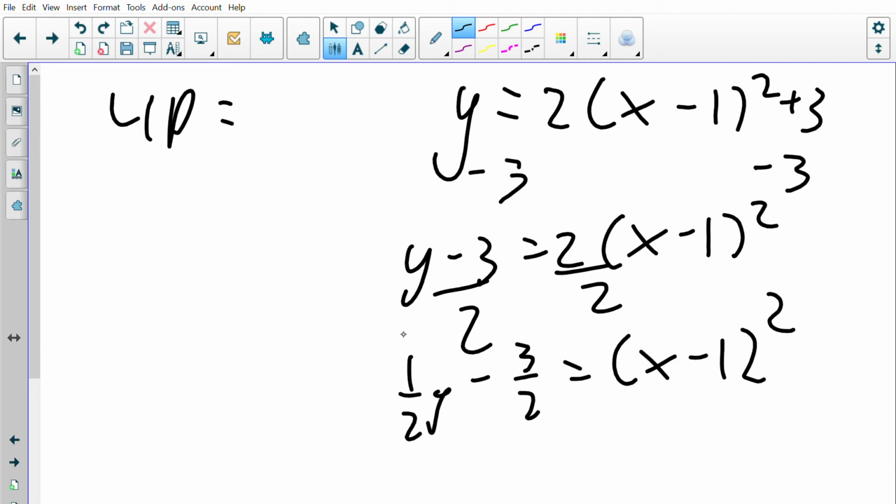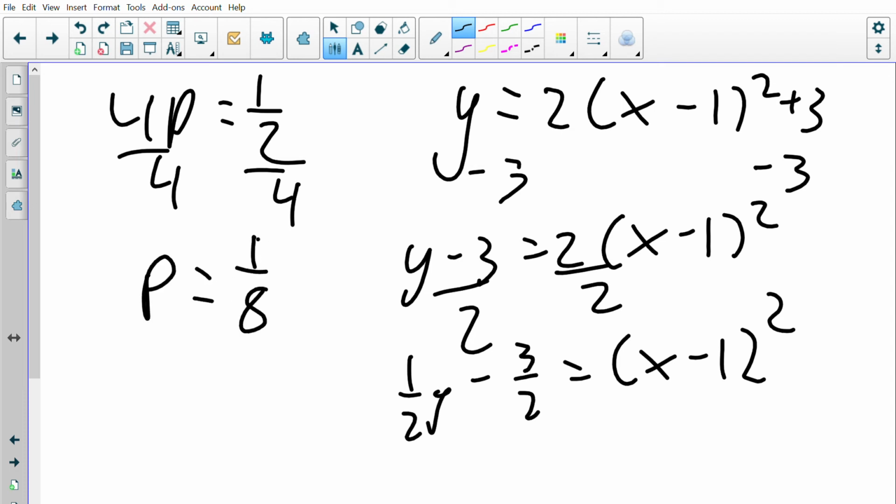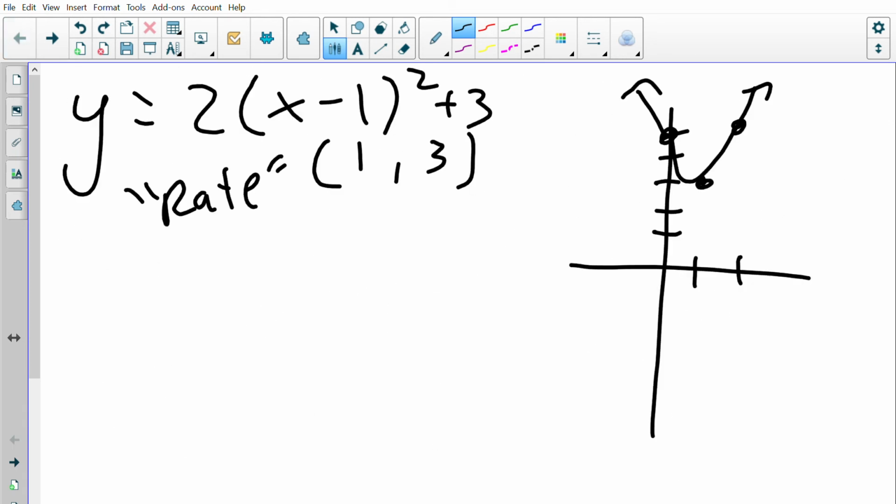I really only care about the other variable now. So it's 1/2. It's what 4p equals, and I'm going to divide by 4, divide by 4. So p is equal to 1/8. So in our first example, I'm going to go 1/8 in front, and that is my focus.